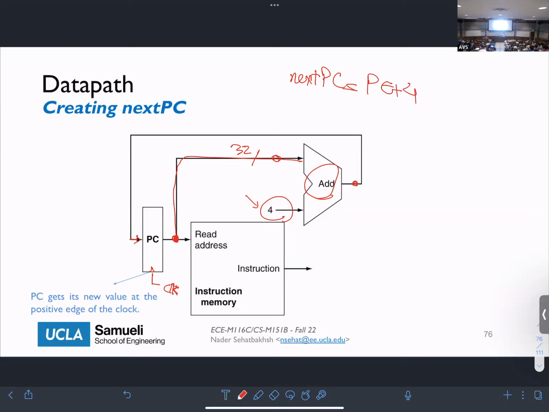For now, let's assume that the only next PC we can get is PC plus 4. Forget about jump, jalr, jal, and branch equal. Let's assume that we always get PC plus 4, and that's how we create PC plus 4. Any questions here? Is it clear why we're doing this?